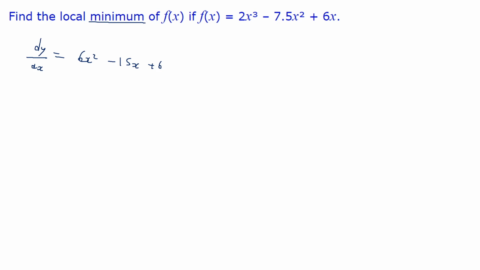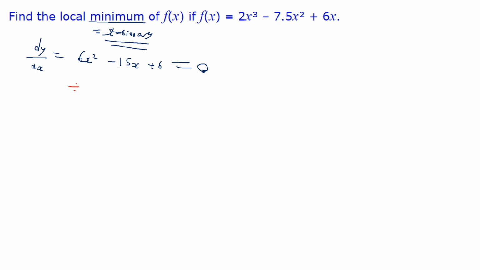And now what we need to do is solve this to be equal to 0, because minimum and maximum points are always stationary. Okay? A stationary point is when the gradient is equal to 0. So let's solve this equation for x.